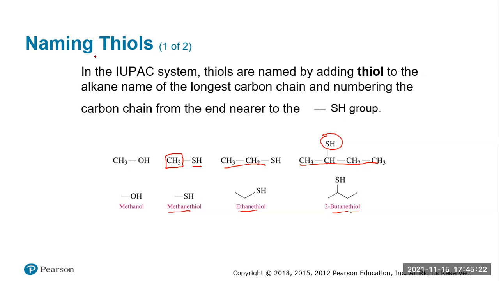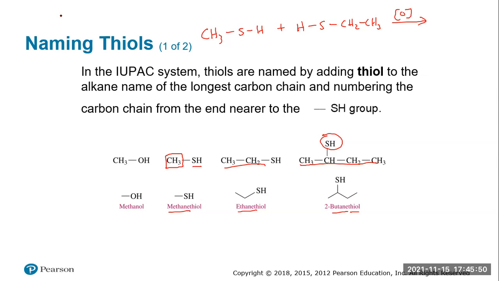You don't have to worry about the naming aspect of thiols, but you do need to know the functional group. You also need to know an important reaction the thiols undergo, and that is also an oxidation reaction. If we take this one and react it with another thiol, and give it a couple extra carbons, it will go through an oxidation reaction when 2 thiols come together.